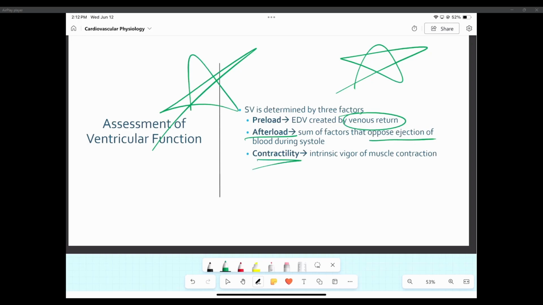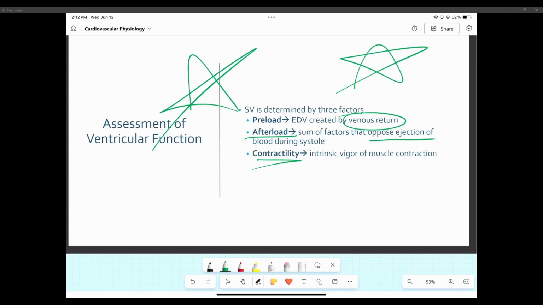The last one is your contractility. We talked about that Frank-Starling curve. Again, the bigger the contraction, the more forceful, and more blood's going to come out. So that's all contractility is. So these three words you've got to know again: preload, afterload, contractility. Preload, end diastolic volume. For every little bit of volume of blood in the heart, there is a pressure with that.